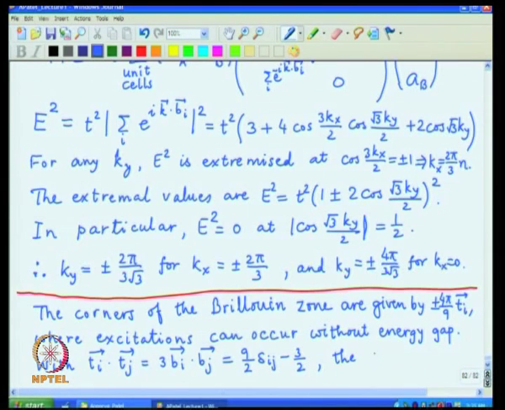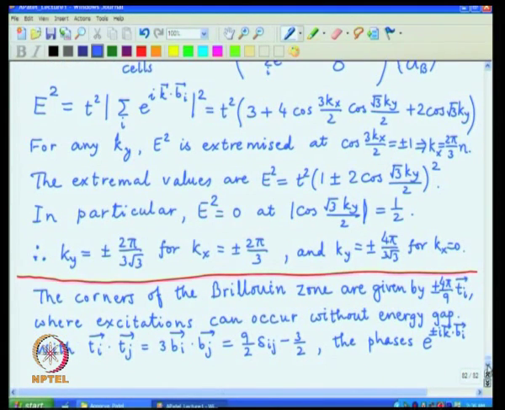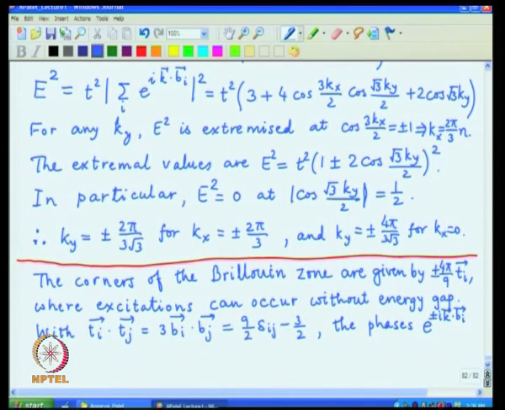Then the phases which appear in the momentum space Hamiltonian, essentially e raised to plus or minus i k dot b i, become the 3 cube roots of unity, and that is what defines the Hamiltonian.